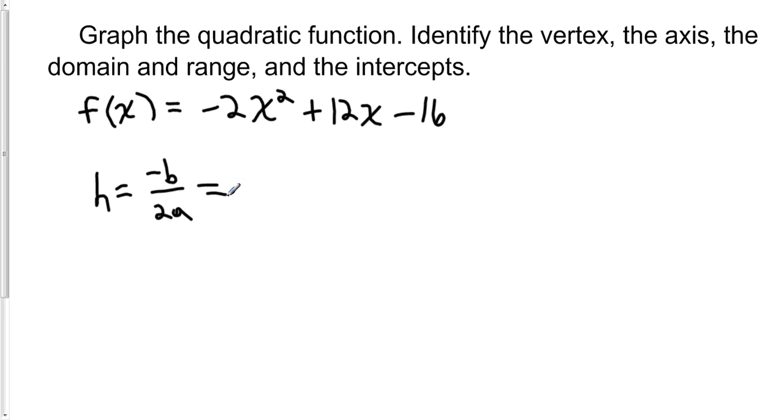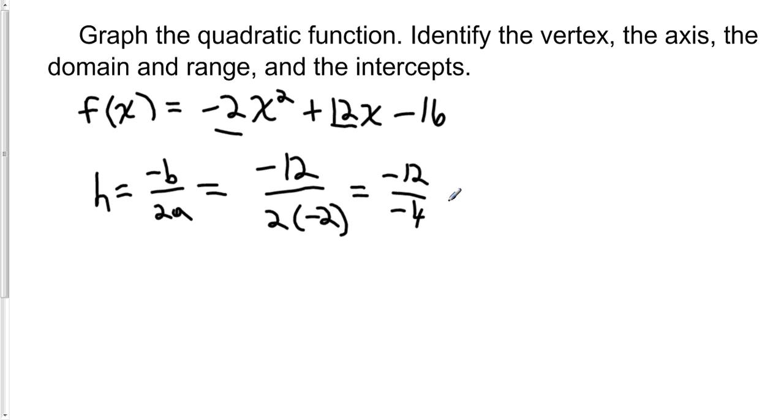So h is equal to negative 12, because 12 is b, over 2 times negative 2, because negative 2 is a. And then we get negative 12 over negative 4, or positive 3. So this is the horizontal translation. The x value of my vertex is going to be 3.